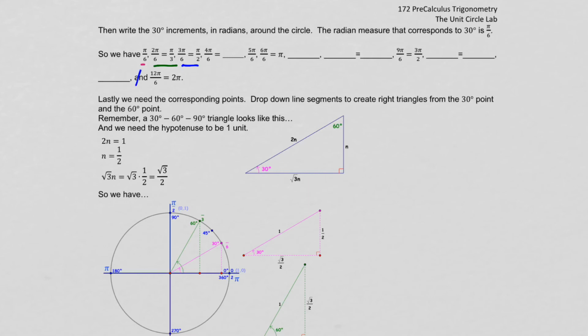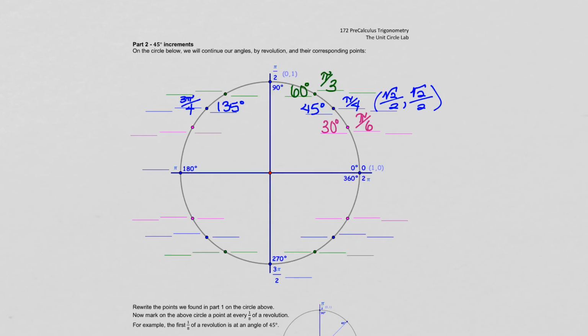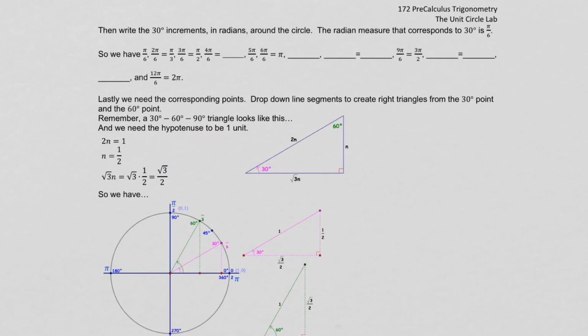We've got pi over 6, 2 pi over 6, 3 pi over 6, 4 pi over 6, 5 pi over 6, 6 pi over 6. Then you keep going, okay? That's why I've written it out like this, so you're just counting as you go and reducing each fraction, and then you can go back and plug in to your unit circle over there.